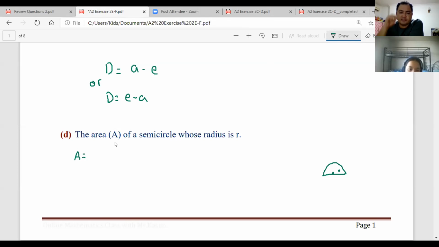Because if it is a circle, we know that the area is pi R squared. So it is a semicircle, so we should multiply by half. 1 over 2 then pi R squared. Yeah, very good. Okay, let's continue.